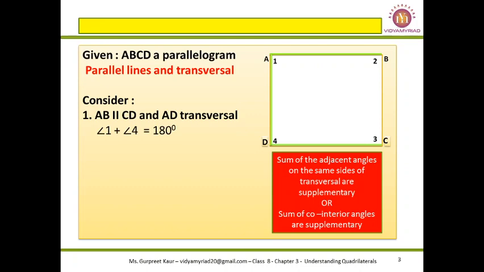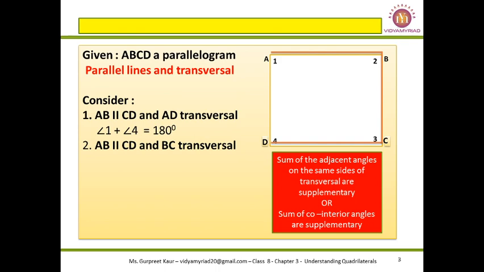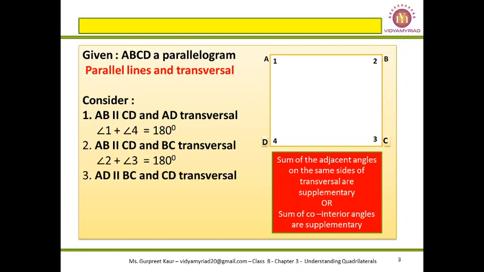Same way, if I choose the same AB and CD as my parallel lines, but I change my transversal to BC, the brown line, what are the interior angles? 2 and 3. So angle 2 plus angle 3 will be equal to 180 degrees. Let's change to another pair of parallel lines. Now let us take AD parallel to BC and CD as transversal.